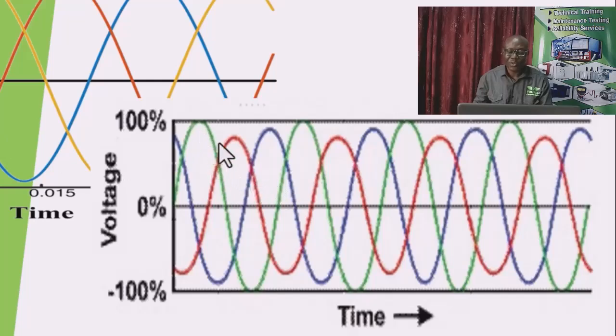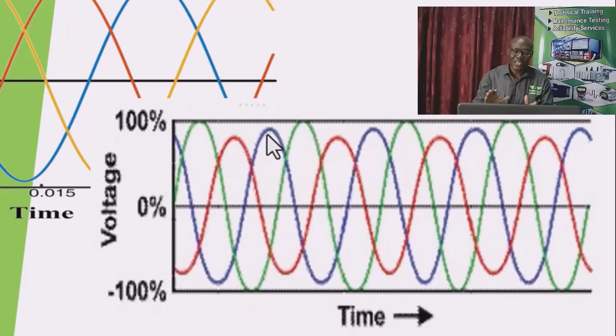We see that some of the phases are higher in magnitude. This is 100%, the per unit. So if it is 415, what we have here is 415. If it is 220, what we have here is 220. You see the fluctuation; some are less than that 220. So the voltage is unbalanced.